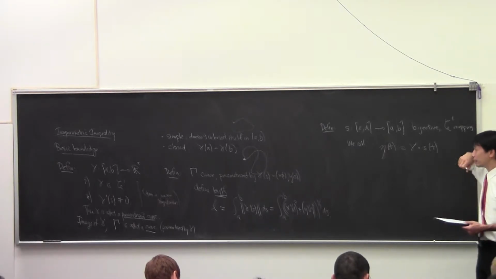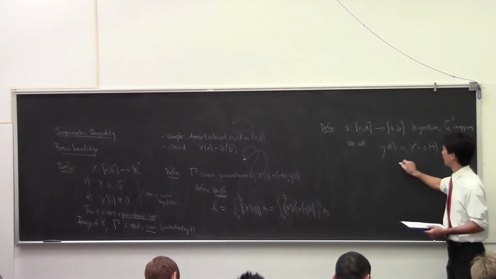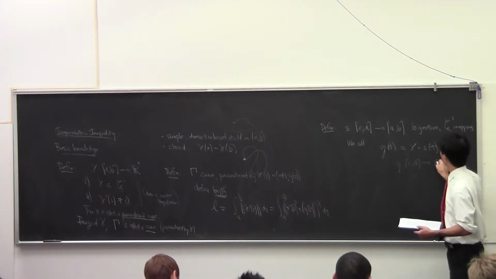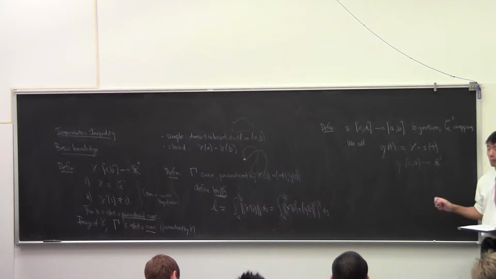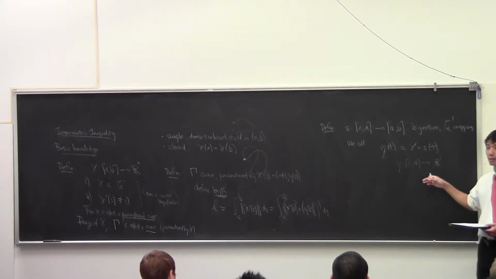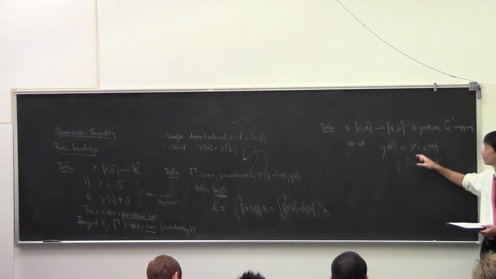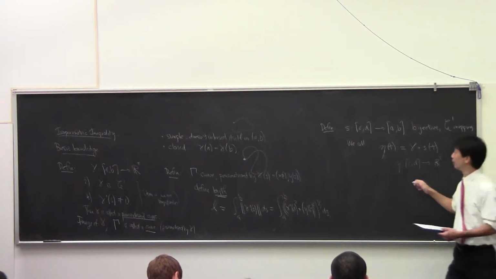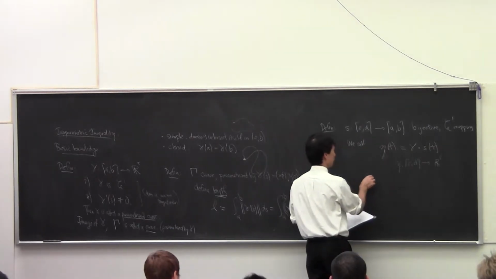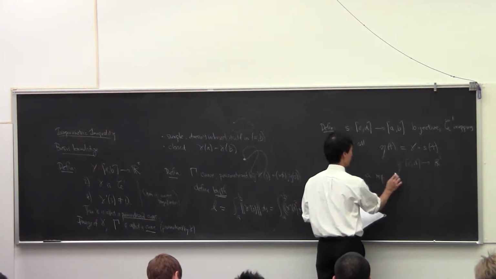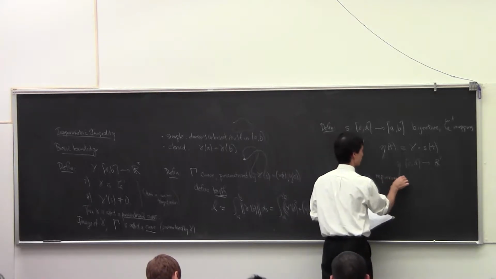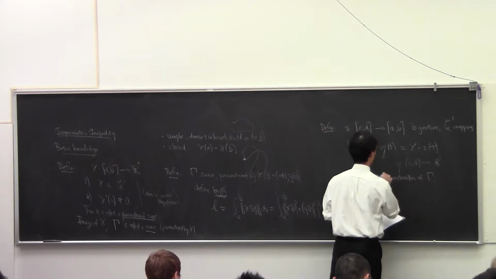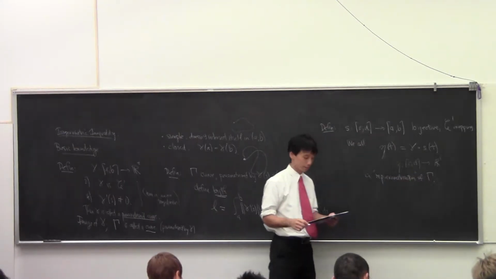This is going to be a map from [c, d] into R2. You see that it has the same image as gamma. This is another parametrization, called a reparametrization of big gamma.